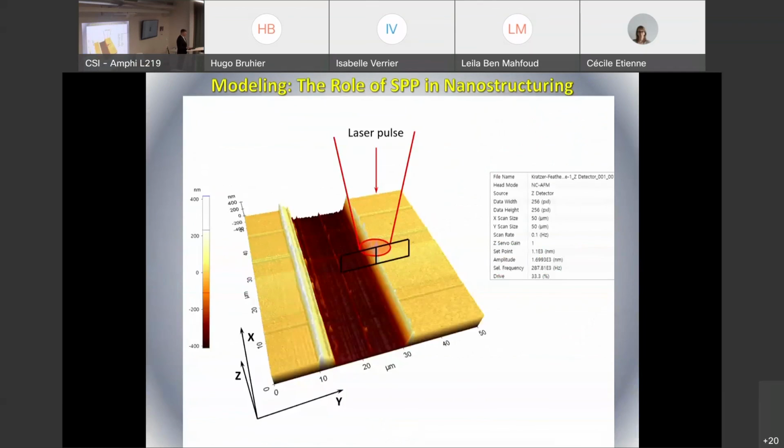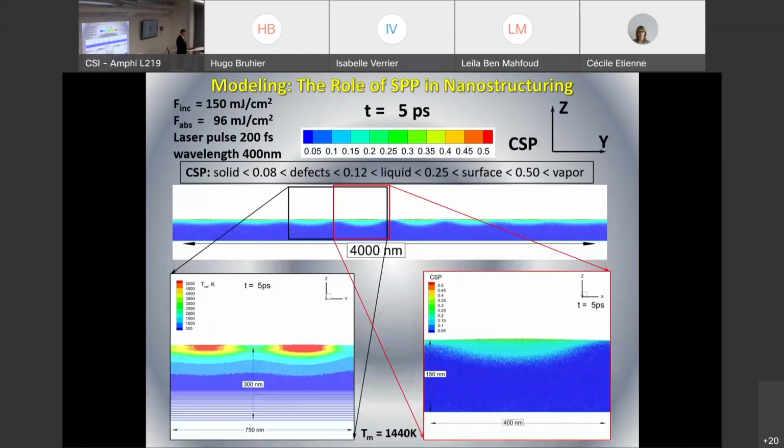So we will compare our modeling results with experiment. In the experiment on a gold surface there was a scratch done, and we will model this with the material assuming a step in the middle, and this is a side view of our computational system.